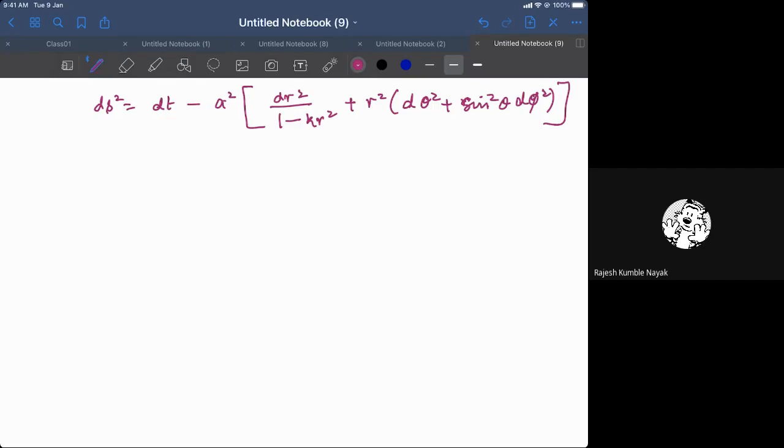Now you have to calculate Einstein's tensor for this. Let me go ahead and do it. So when k is equal to 0, there is no problem. The Einstein equation E_AB is equal to 0. That means the universe is flat and there is no matter, nothing.